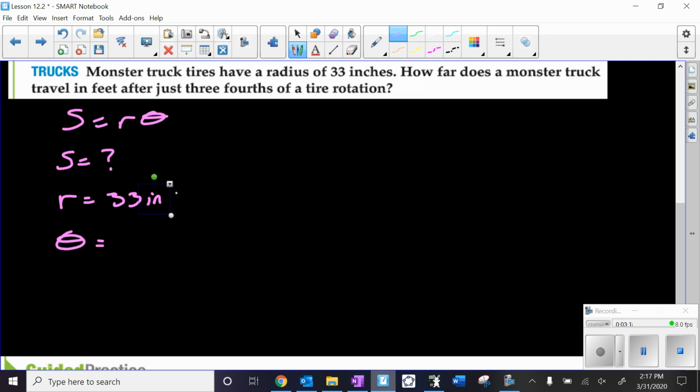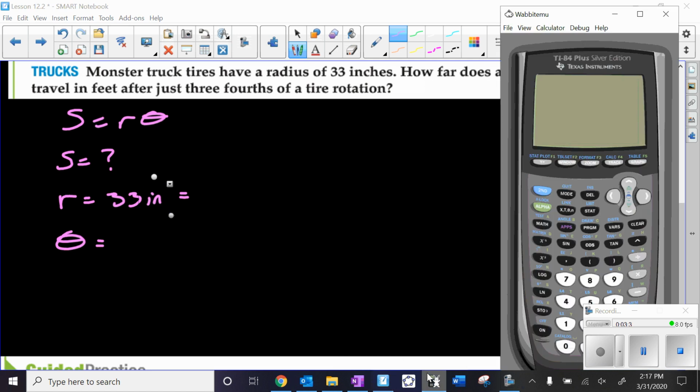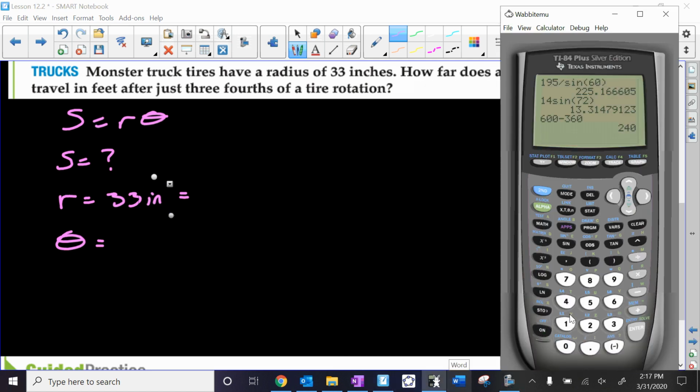We do need to be a little careful though, because they want this in feet and not inches. So I need to actually convert my 33 into feet. Remember, there are 12 inches in a foot. So I'm going to take 33 divided by 12 first before I get too crazy. 33 divided by 12 gets us approximately 2.75 feet.